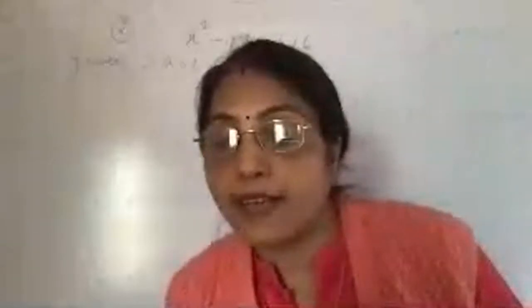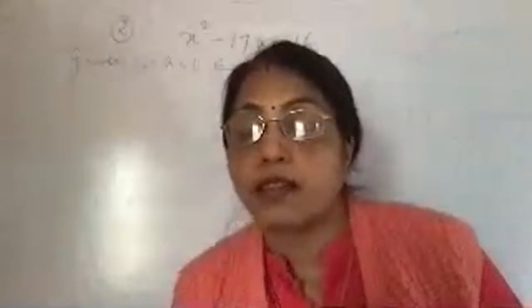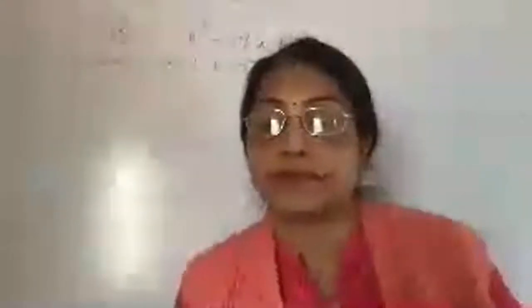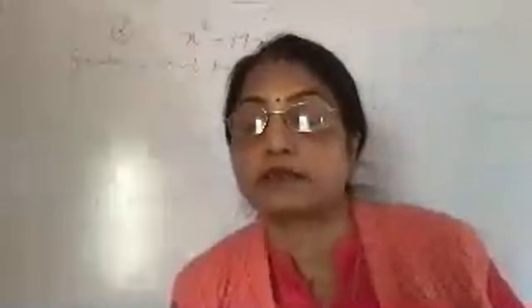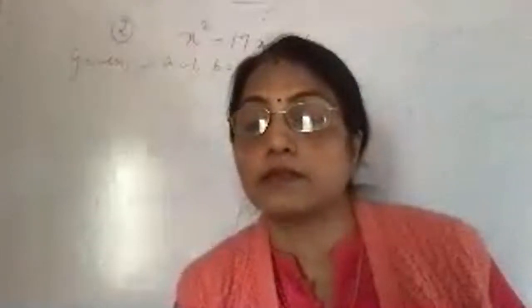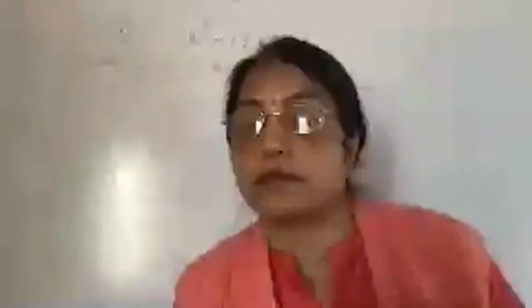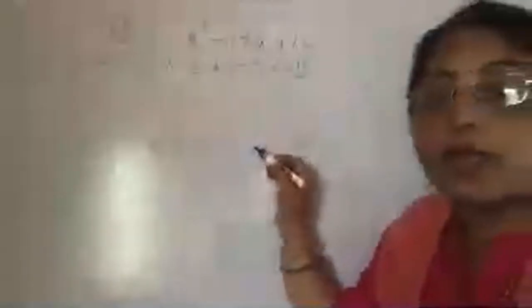Yes, come on fast, children. What is AC in this example? AC is, if you multiply 1 and 16, it will be 16.